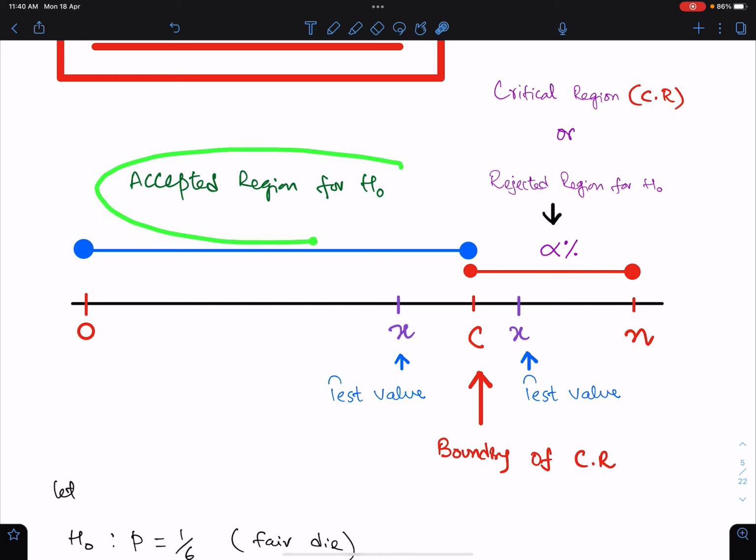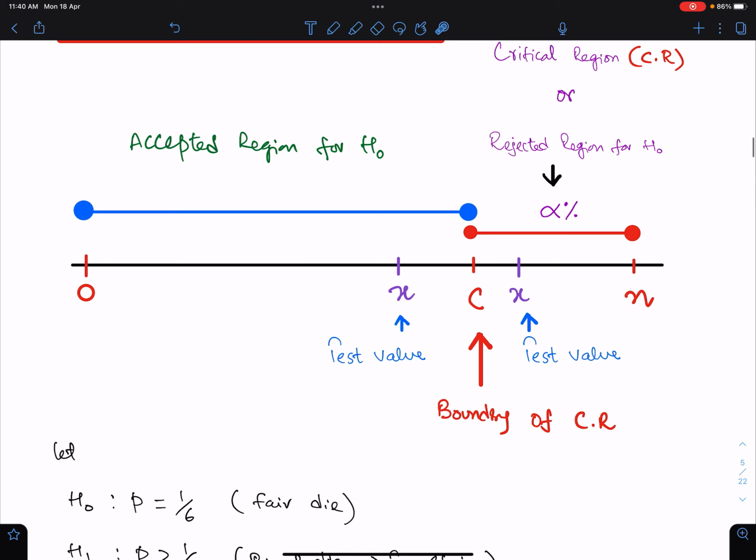And this is the accepted region for H0. Here we accept H0. In testing, there are two possible decisions. For example, if test value lies here in critical region, then we reject H0. And if the test value lies here in accepted region, then we accept H0.